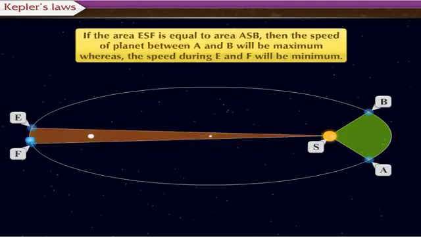If the area ESF is equal to area ASB, then the speed of planet between A and B will be maximum, whereas the speed during E and F will be minimum.